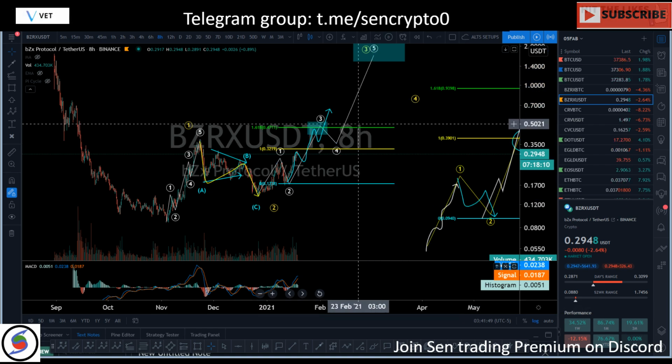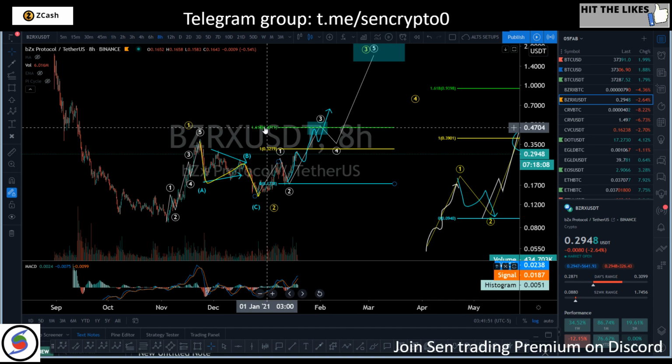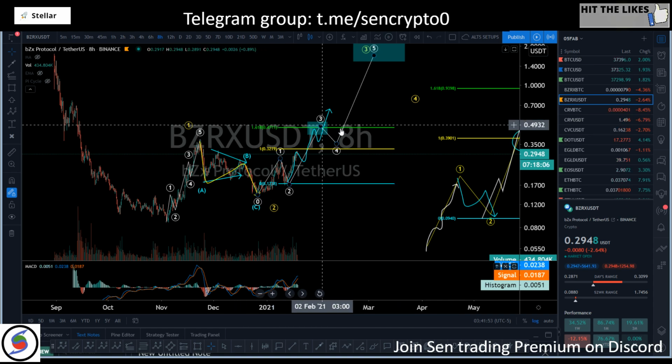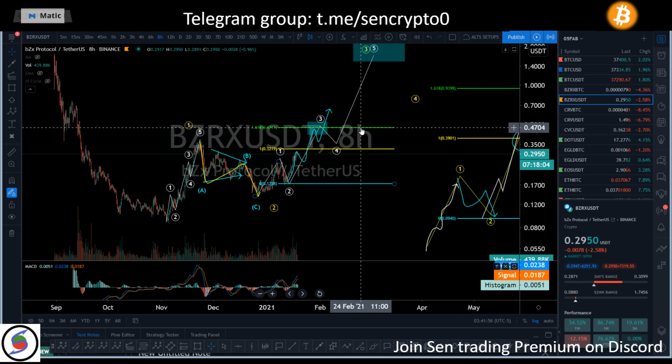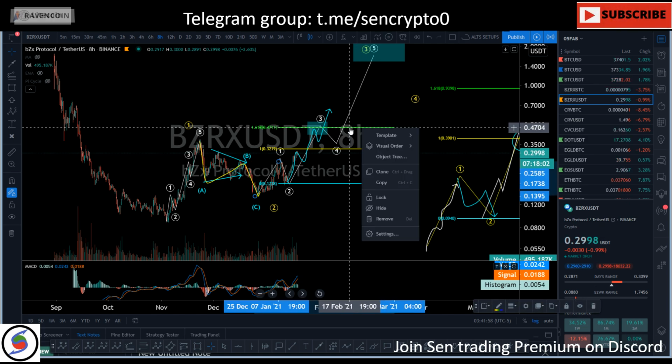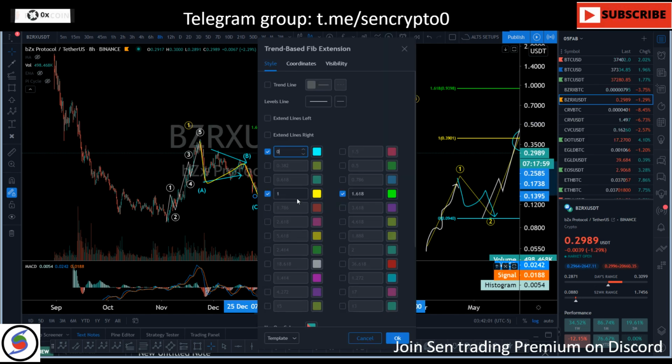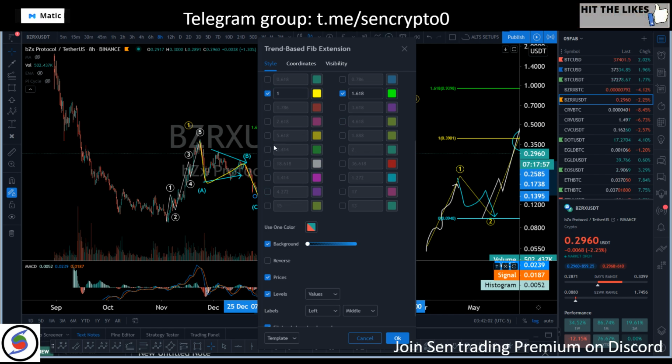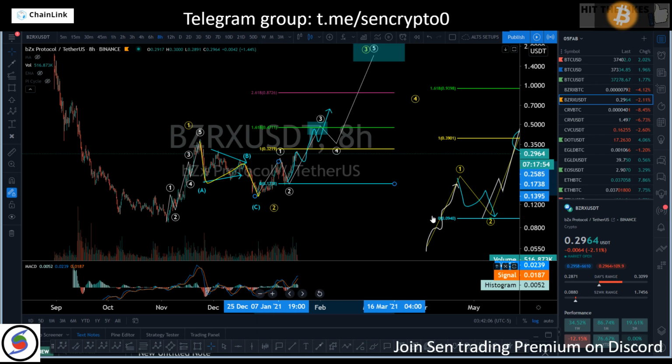But remember, these 1.618s are just directional. It could be 2.618, it could be extension 2. Let's just assume we're going to get an extension of 2.618.